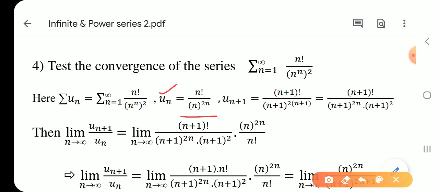This is our un. So un plus 1 is n plus 1 factorial. In the place of n plus 1, here also in the place of n, 2 into n plus 1. Let us simplify the bracket. N plus 1 factorial, n plus 1 to the power 2n plus 2 it is.